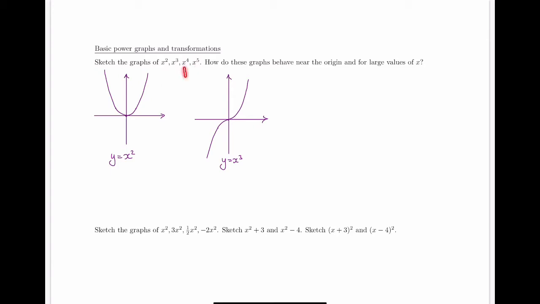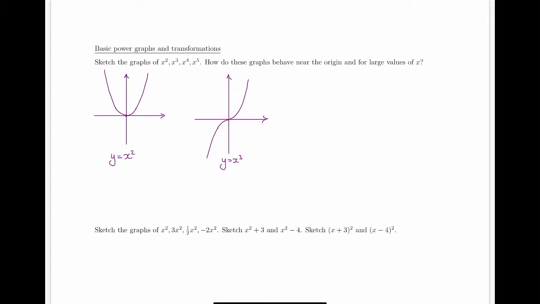If I plug into x to the 4th, 1 to the 4th, I'm going to get 1. Negative 1, I'm still going to get 1. So I'm still going to get this exactly symmetric parabola shape, whereas x to the 5th, negative numbers will remain negative, while positive will stay positive. So I'm going to get this shape where the graph belongs to the first and the third quadrant.